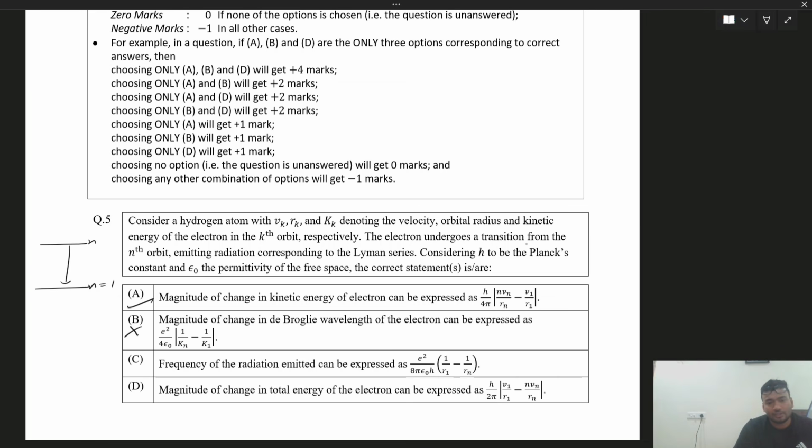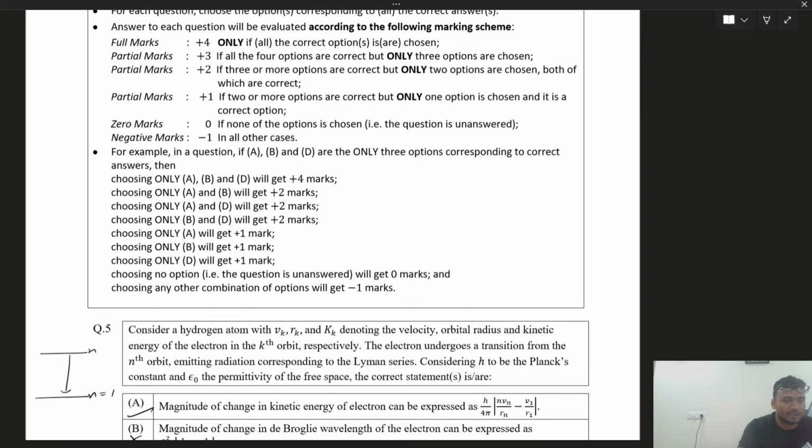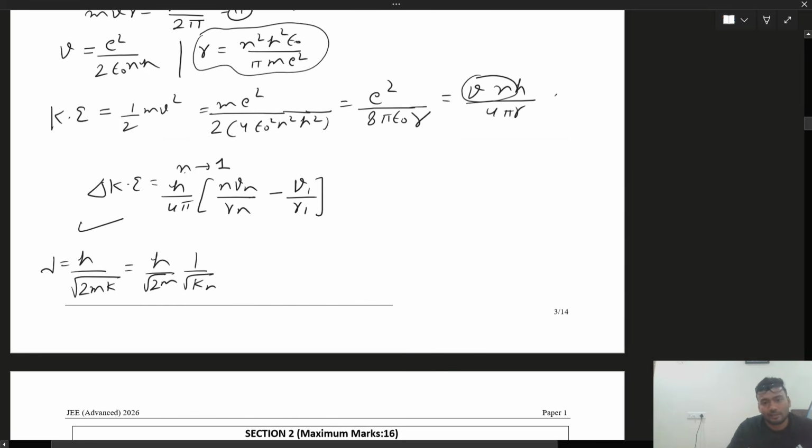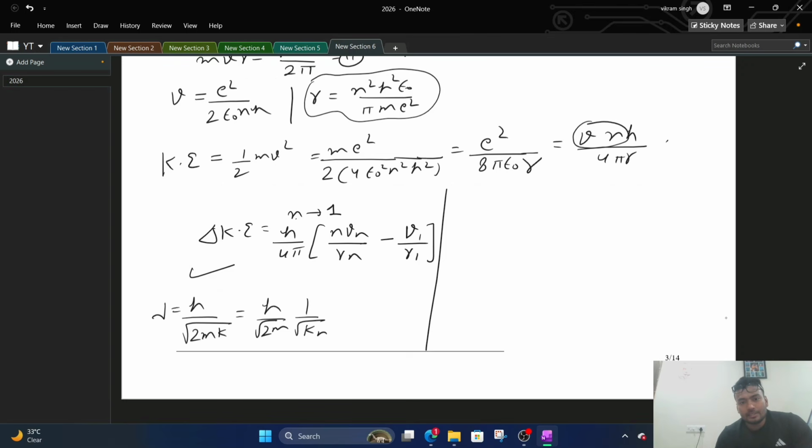Now the frequency of radiation emitted can be expressed as follows. For this you have to take care of the sign. The thing is, this E is actually the negative of the kinetic energy. So we know this relation, hf is En minus E1, that is delta E, and then it is equal to the negative of kinetic energy.